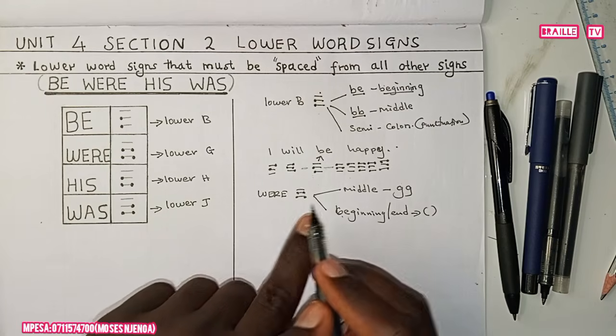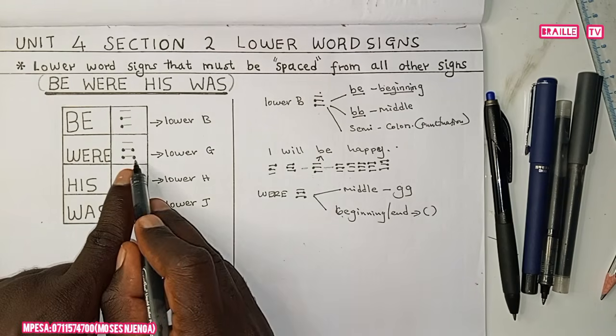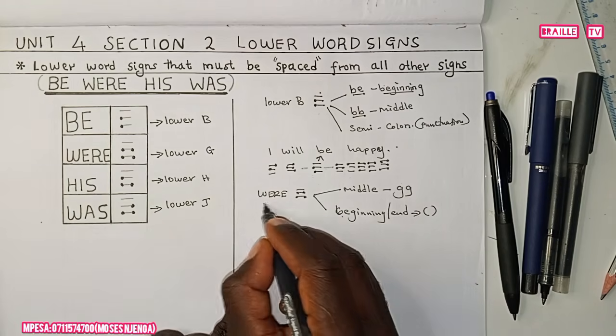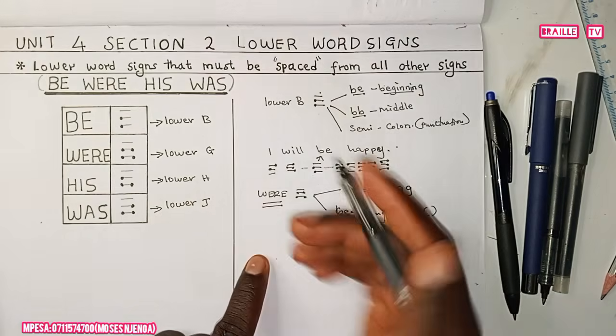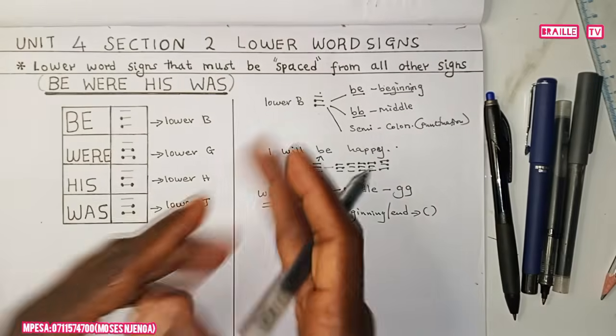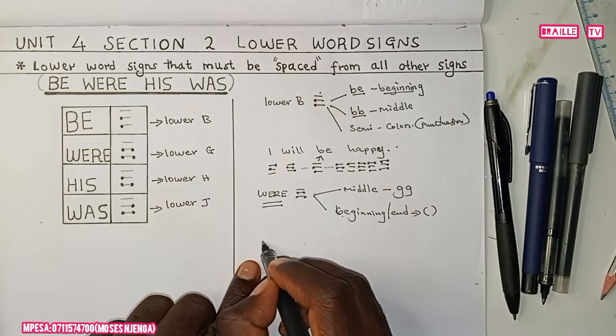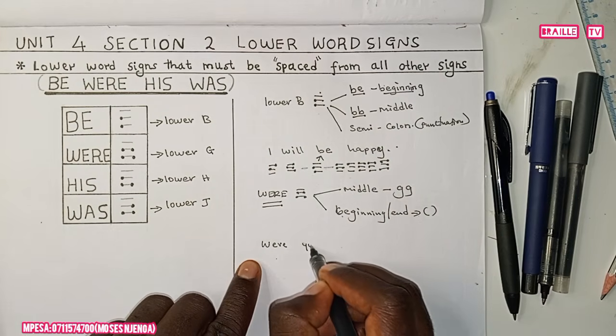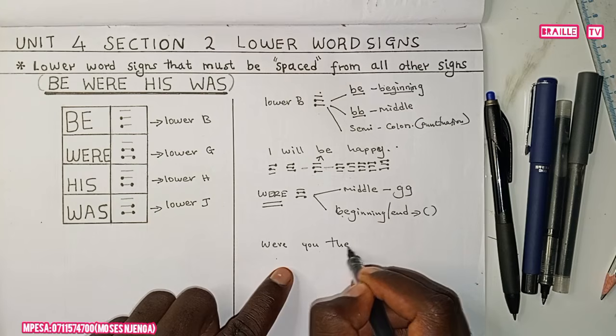Then again, we have seen this lower g. It means were. But when does it mean were? When it is standing alone. So, were you there?